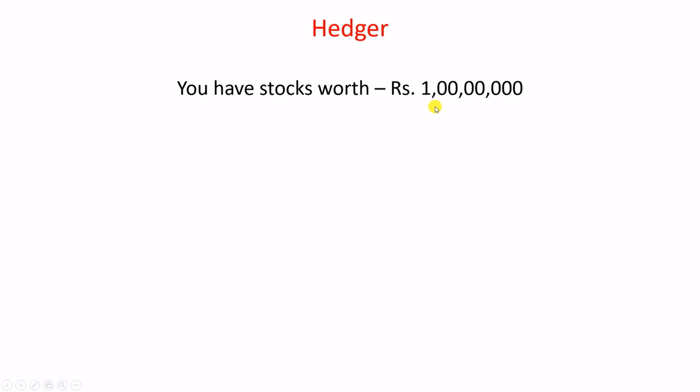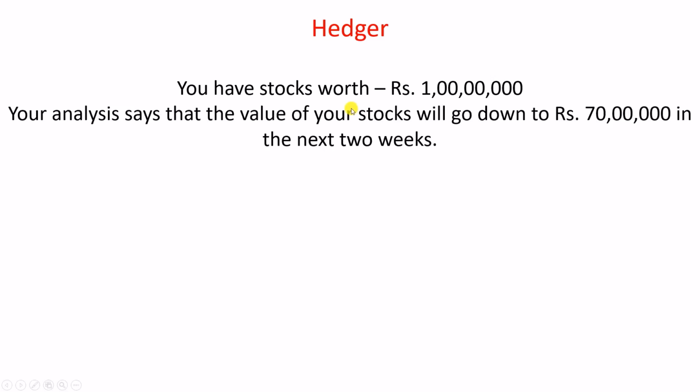Let us assume that. Now, your analysis says that the value of your stocks will go down to 70 lakhs in the next 2 weeks. So according to your analysis, you are predicting that the value will go down by 30 lakhs.